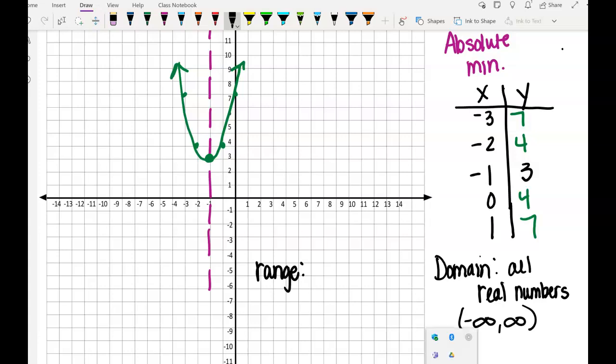So I could say that y has to be greater than or equal to 3. And in interval notation, that would be bracket, because 3 is included, comma, infinity, parenthesis, because it can keep going up forever. There's no ceiling on those y values. It just cannot go below 3.